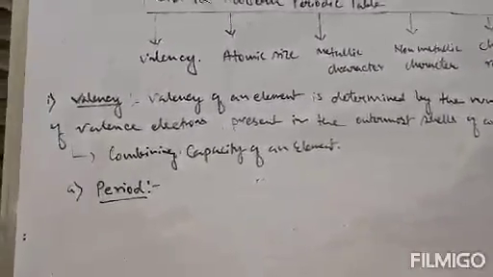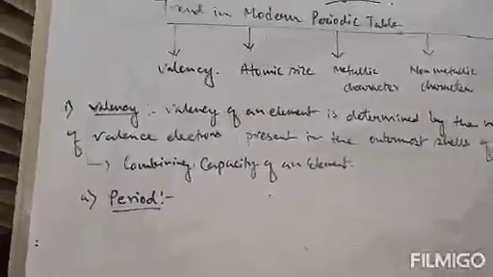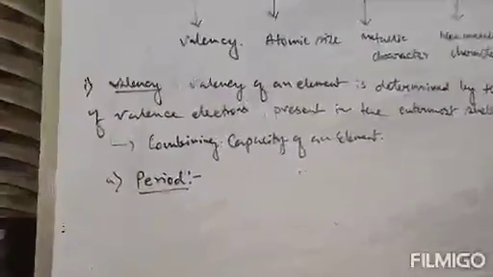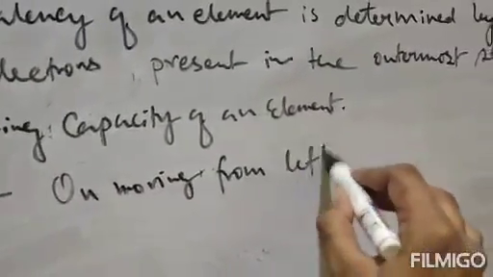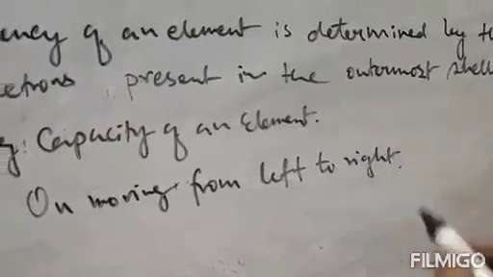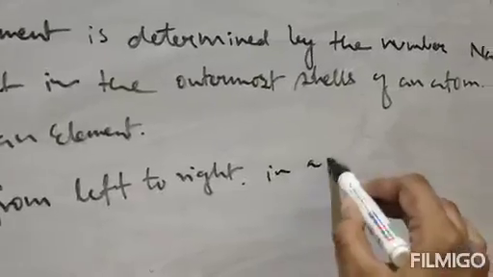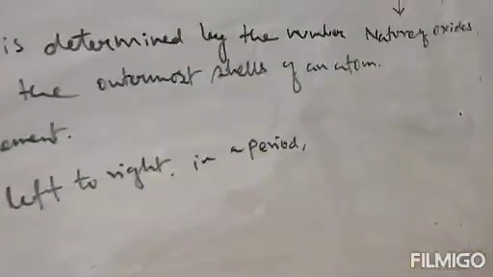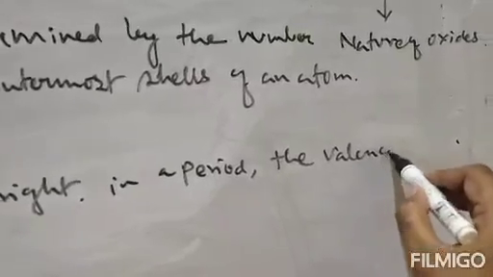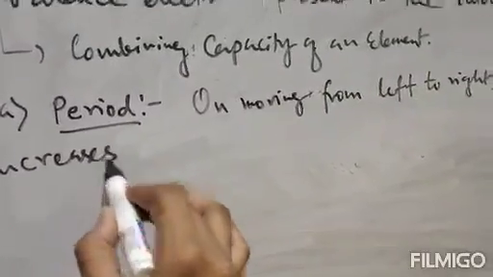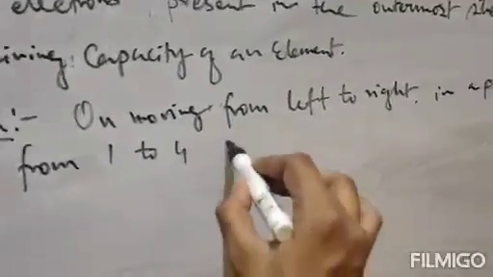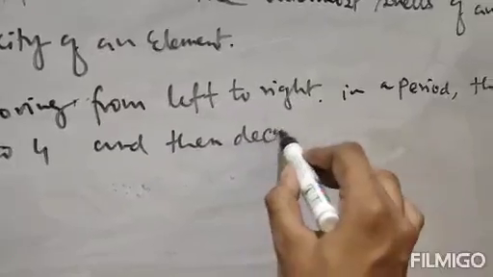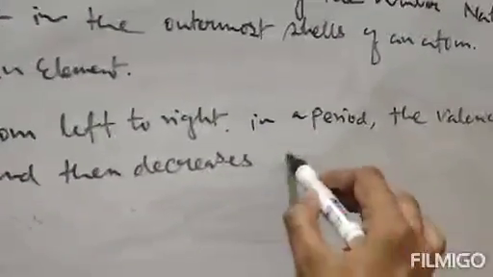On moving from left to right in a period, the valency first increases from 1 to 4, and then decreases to 0.